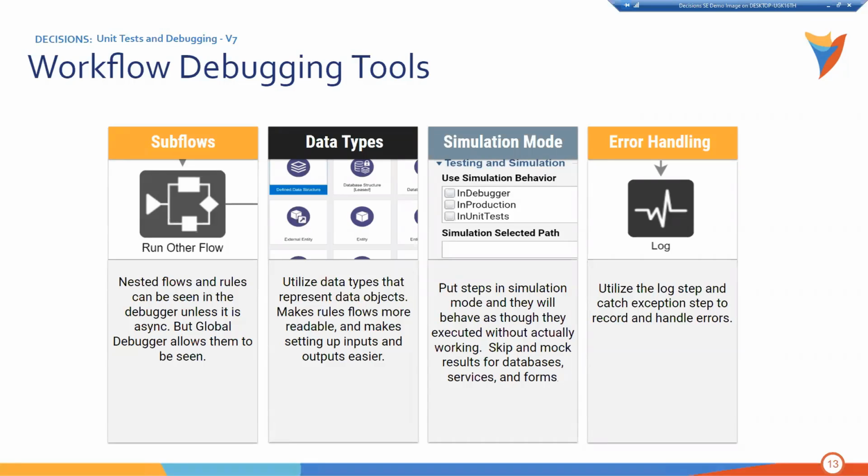It looks like a little S with a yellow circle around it. So you can see at a glance that you have things running in simulation. It's also a really good way, if you have email steps, that you can say, in debugger, go ahead and use that simulation behavior. That way it doesn't send someone an email and spam them as you're trying to test the system out.